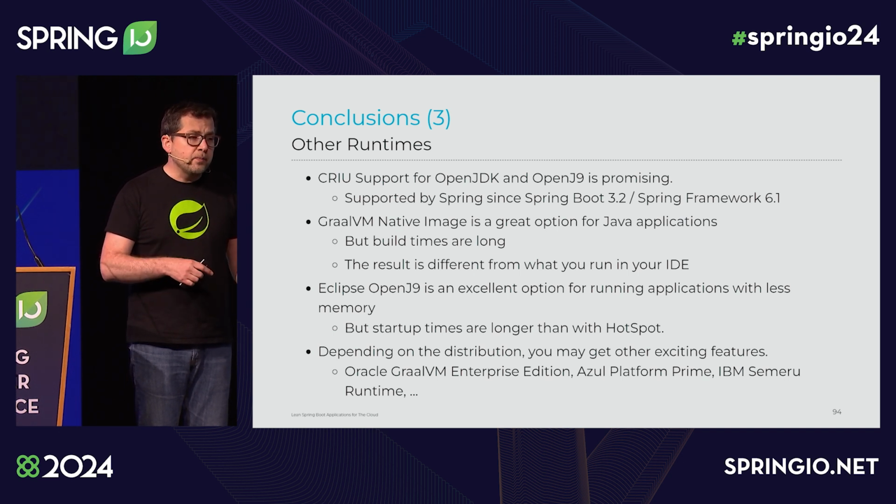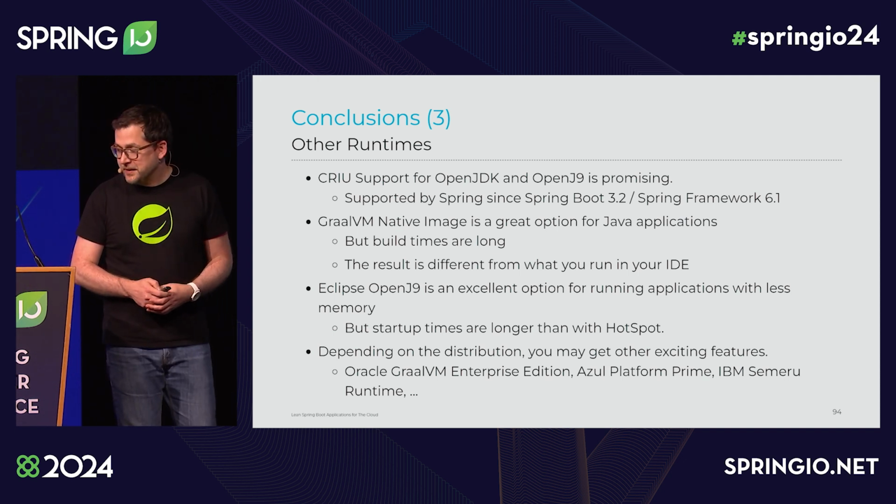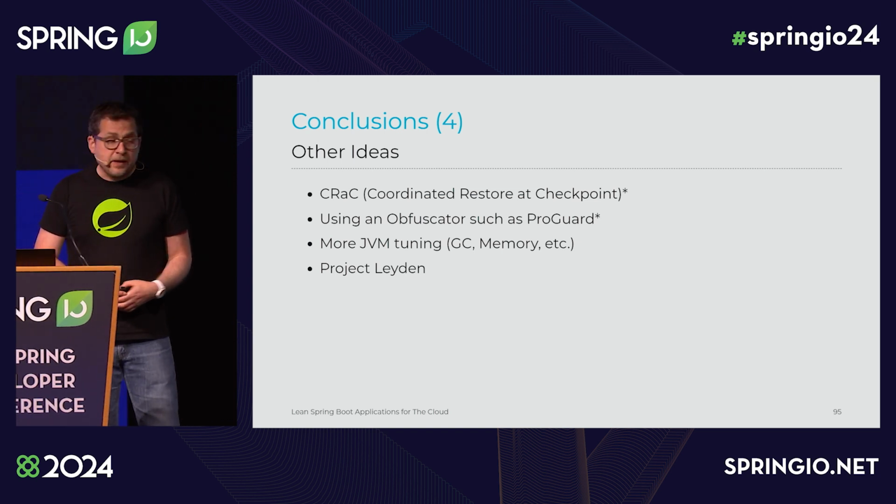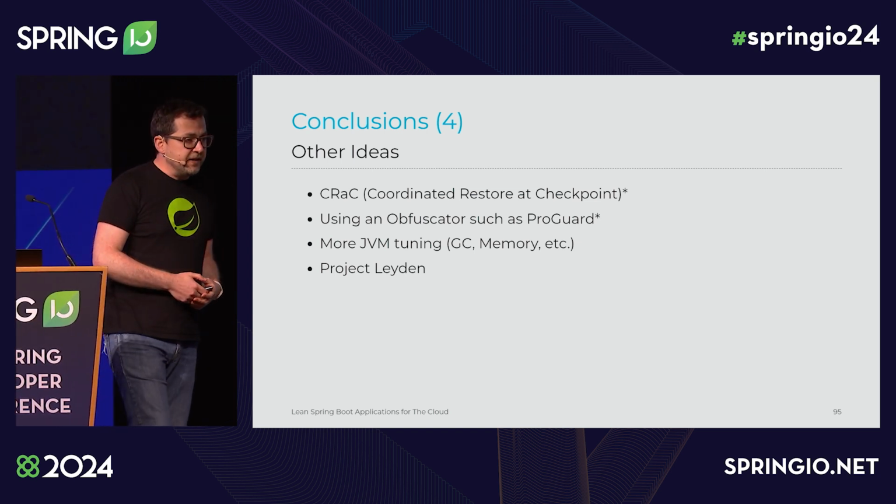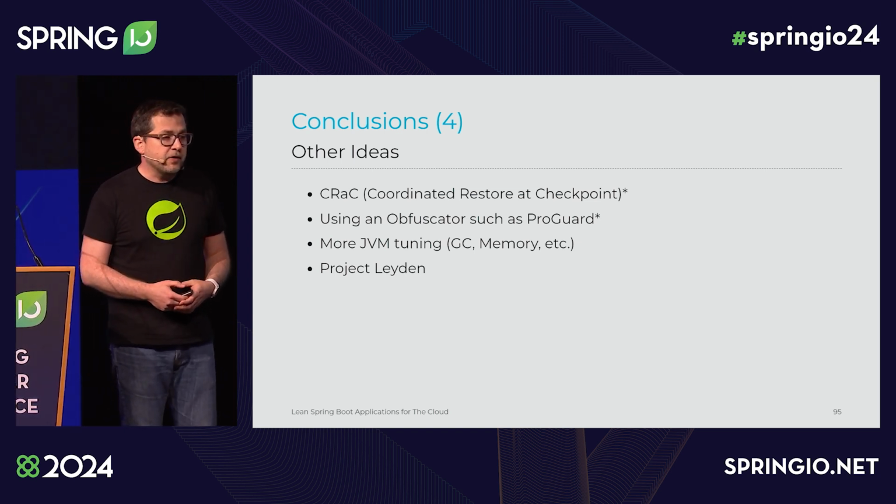That's why you should also have a look at different runtimes, because there is a reason why certain companies sell licenses for optimized JVMs, right? Most of us might not use them, but there are reasons why you can put your money on the table and get something others can't get. That's the thing. Okay, so there are other optimization ideas related to my talk that I came across.